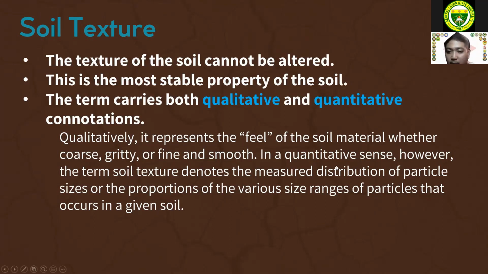In the quantitative sense, however, the term soil texture denotes the measured distribution of particle sizes or the proportions of the various size ranges of particles that occur in a given soil. So quantitatively, we measure our soil using laboratory equipment, like our sieve.